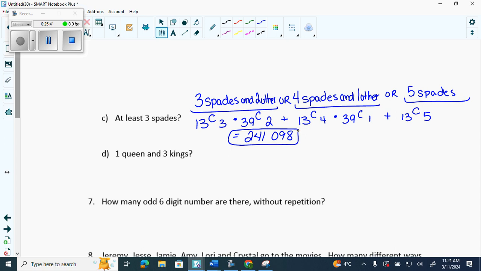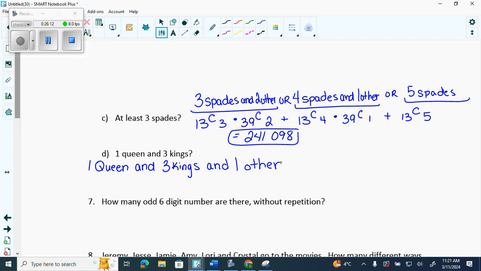Okay, what's the catch? The last one. How many cards is it? 4. How many do I need? 5. So I need 1 queen and 3 kings and 1 other. The other can't be what? Queens or kings, which is 8 total, correct?